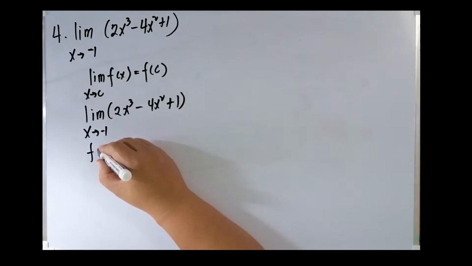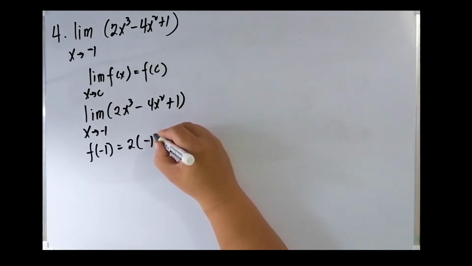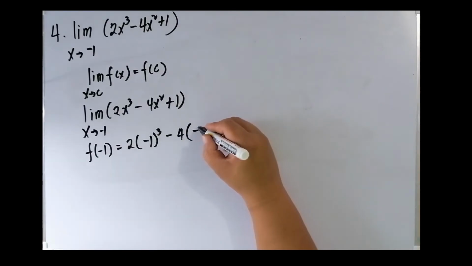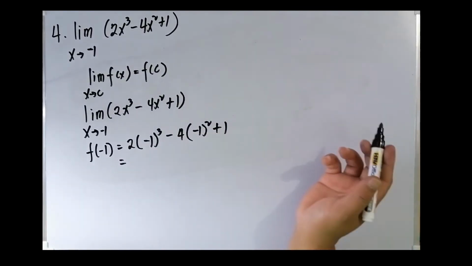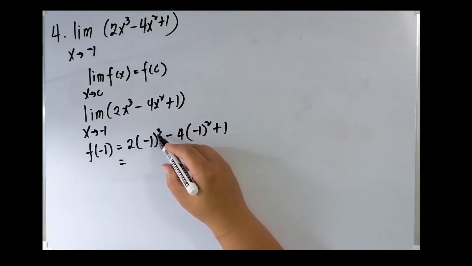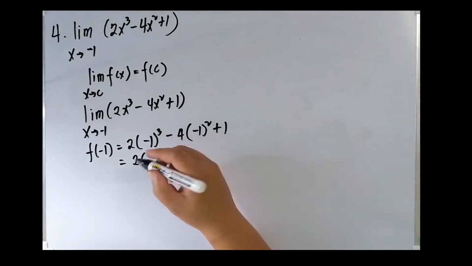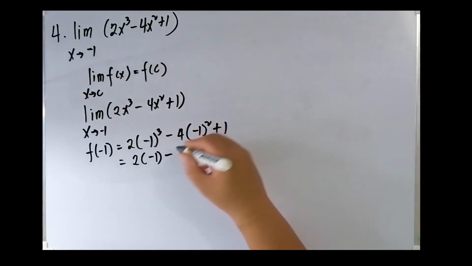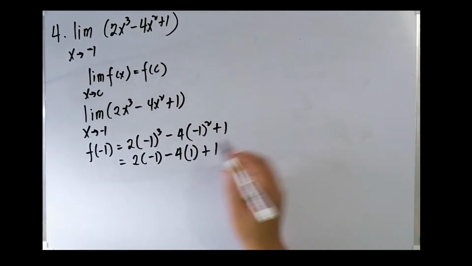So we have f of negative 1 equals 2 times negative 1 cubed minus 4 times negative 1 squared plus 1. This is equal to, negative 1 cubed is negative 1. So we have 2 times negative 1 minus 4 times negative 1 squared is 1, plus 1.